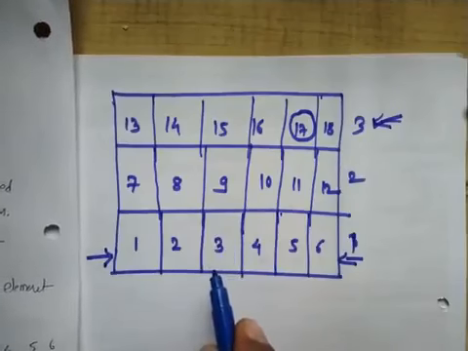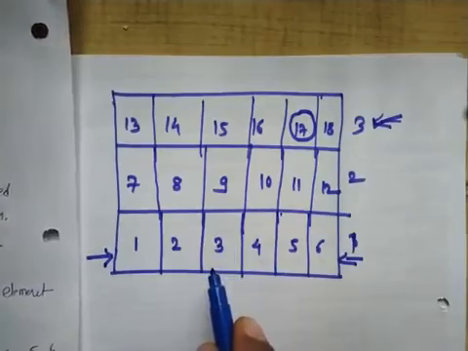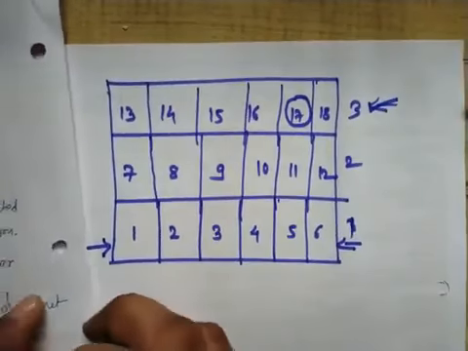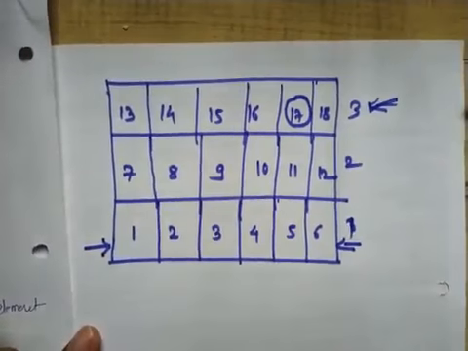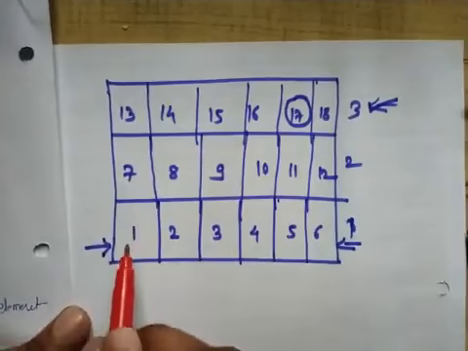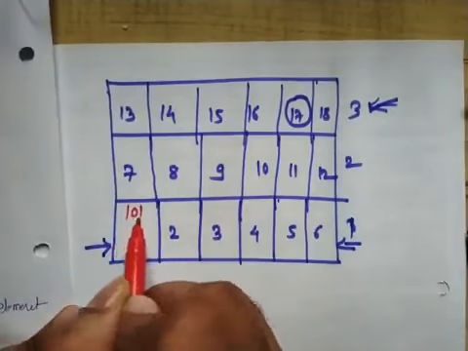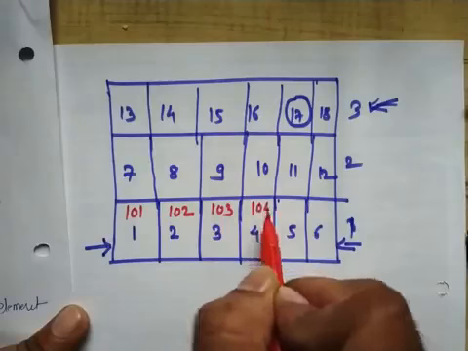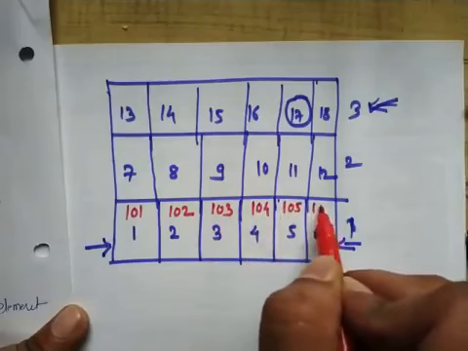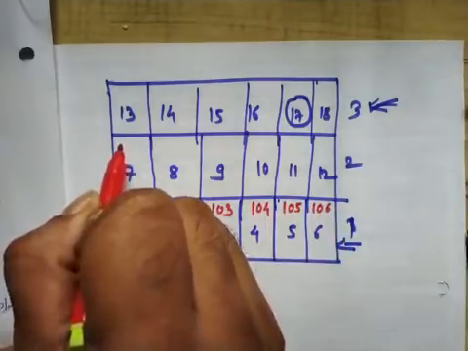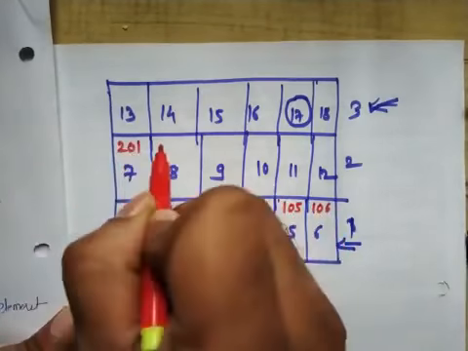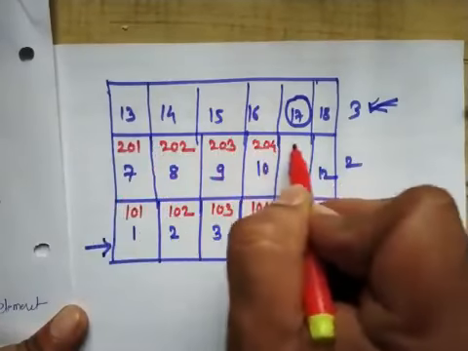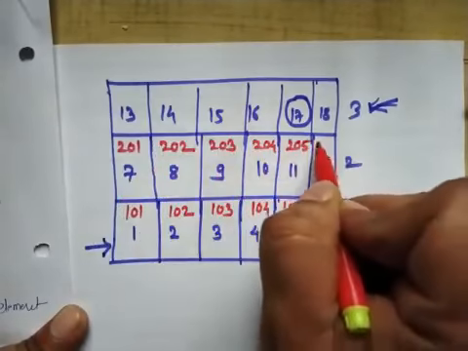So instead of that, the flat numbers are assigned like this. Suppose we assign the flat numbers 101, 102, 103, 104, 105, 106. Here we assign 201, 202, 203, 204, 205, 206.